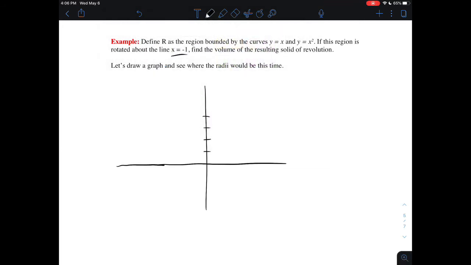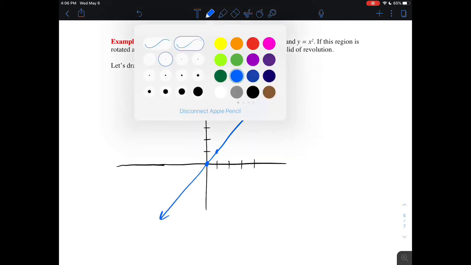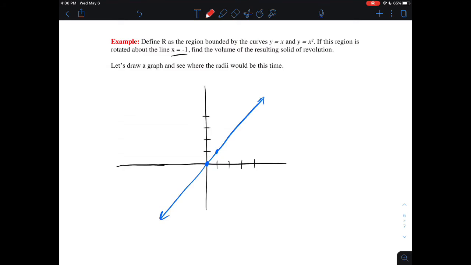And then y equal x squared, just a parabola. So there's our line y equal x, and then our parabola would have vertex at 0, 0, and then it would also have another point at 1, 1.